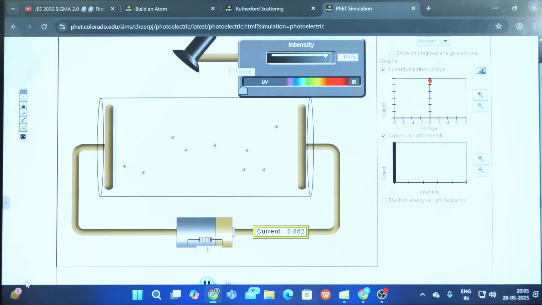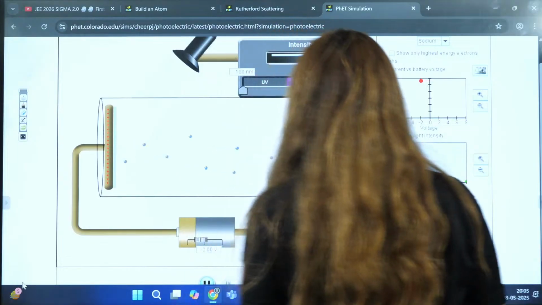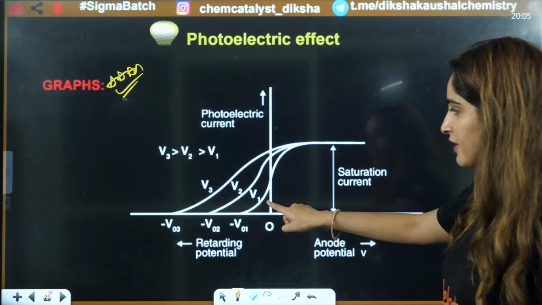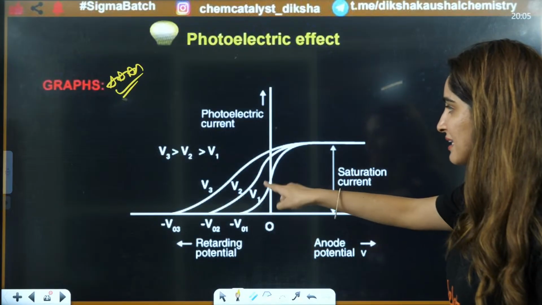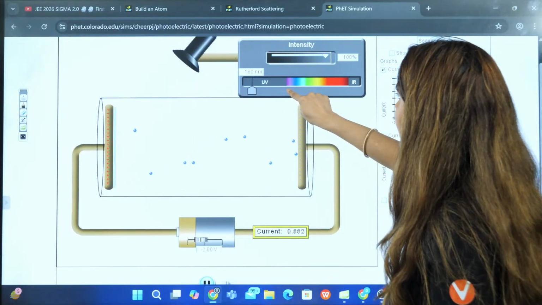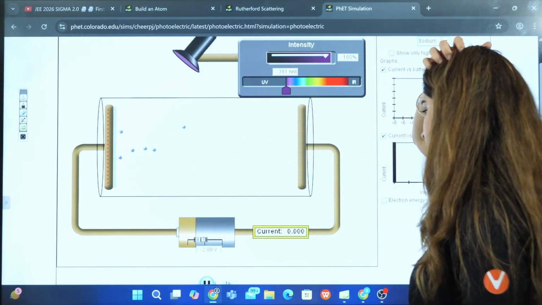I'll make the potential minus 2. Okay, make it minus 2. Now, what you will see, when the potential is in the negative, then the current has to decrease. Let us see if it is decreasing, with the same setup.